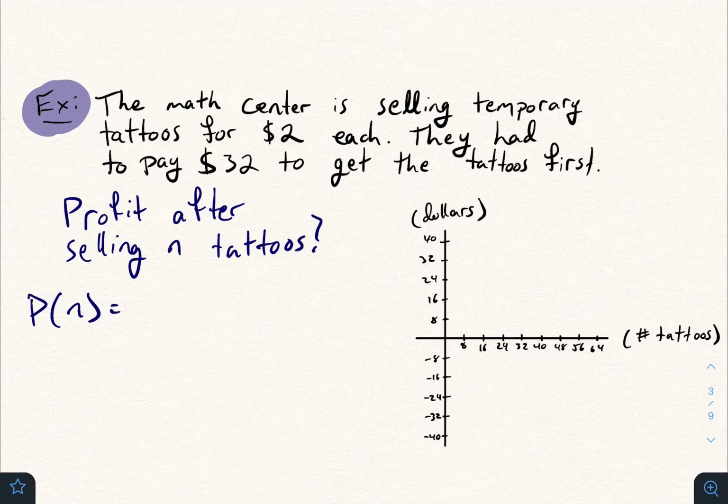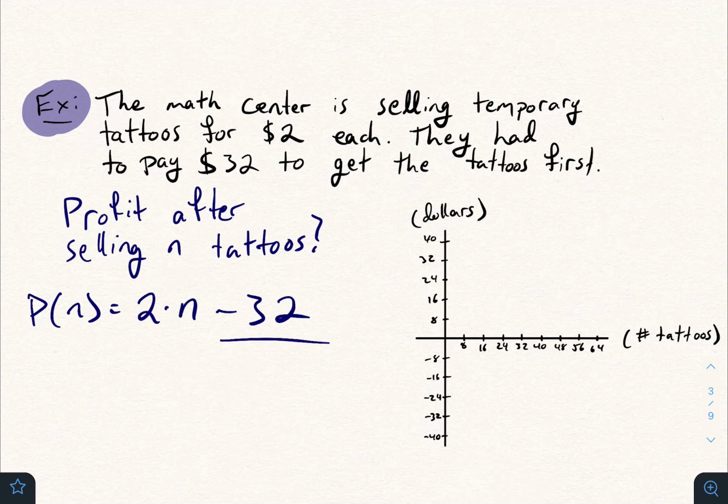If they're selling 7 tattoos, it'd be 2 times 7. And if they're selling n tattoos, it would be 2 times n. So they're going to get that many dollars. But they had to pay $32 to get the tattoos first. So whatever their revenue is, this is their income, you have to take away 32 to get their overall profit. This is your income minus the outlay you had to pay to start.